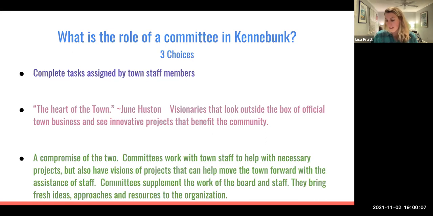I think that some research and some discussions have been done in the past about committees in Kennebunk. And unfortunately, right now, I believe the weak link is the connection between committees and the staff members. So how do we move forward and create that link and make it more effective? How do we improve?